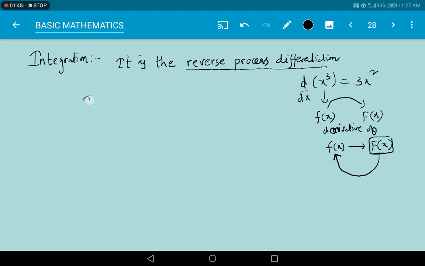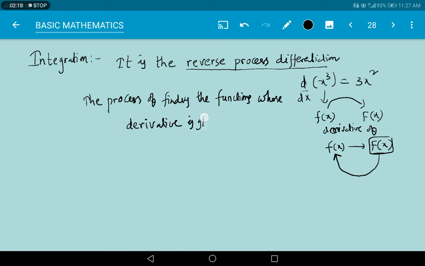So the process of finding the function whose derivative is given is called integration.